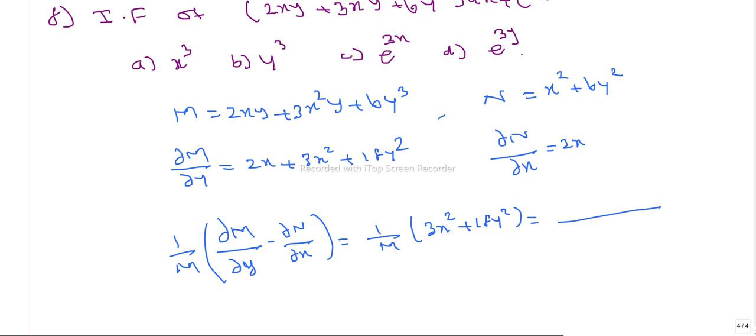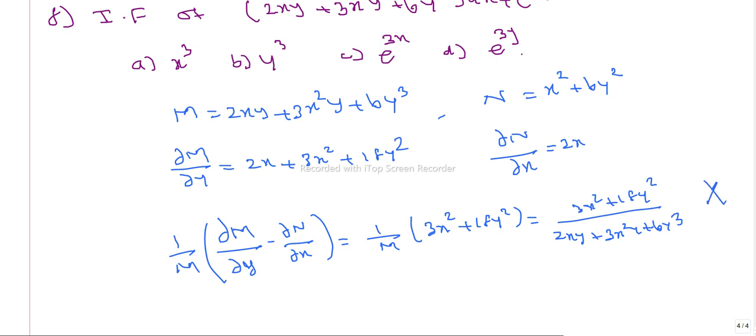But what is M? It is 2xy + 3x²y + 6y³ in the denominator, and the numerator is 3x² + 18y². So this is not a function of y alone, because some x terms appear. Therefore this is not correct.